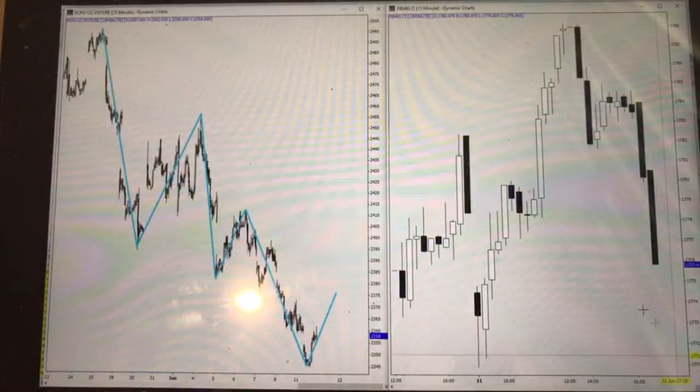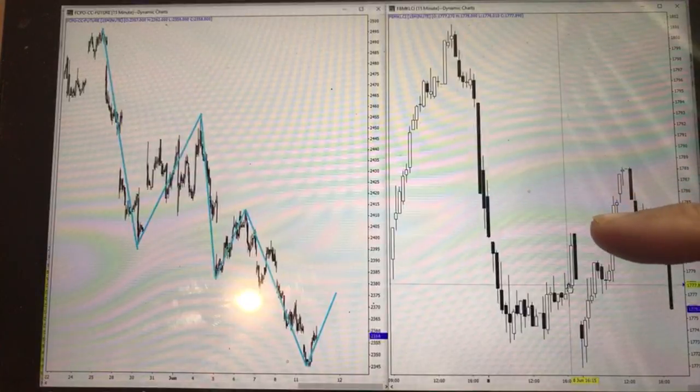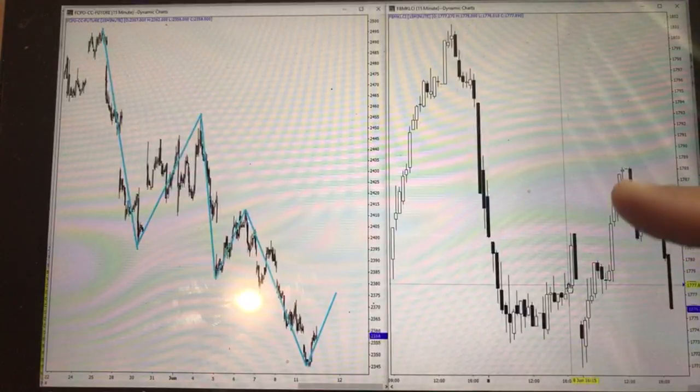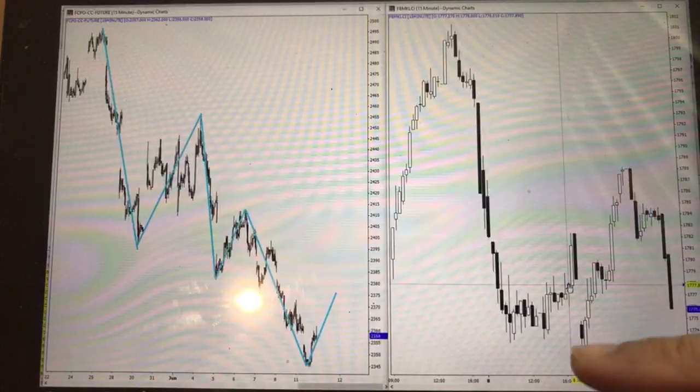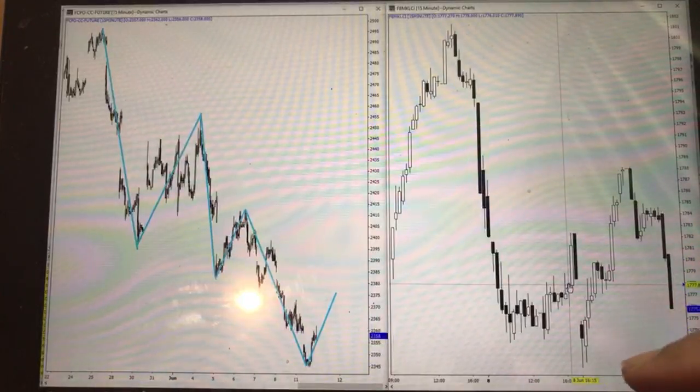Okay, let me zoom out a bit. Now the price for FBMKL moved to this lower low and made a higher high. Lower low and higher high means sideways. If price wants to maintain sideways like an ascending triangle, it should move lower than this low, or the previous low.